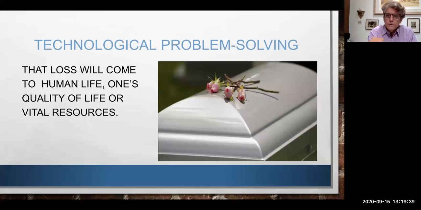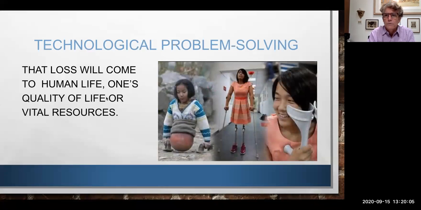The problem with that posture for everyone else is that their denial does not solve the problem that many people feel is coming. So when we decide not to solve a problem, there will be a cost, and that cost can come in human life, one's quality of life, and vital resources.